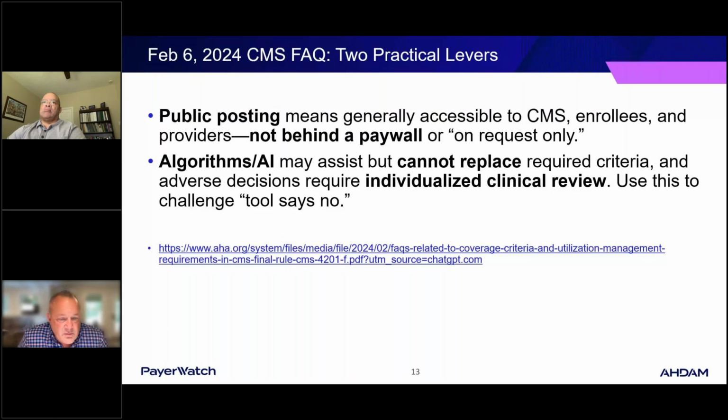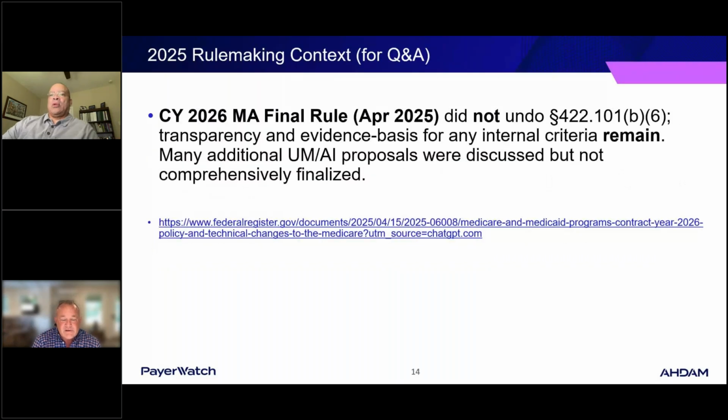The final rule that came out earlier this year: transparency and evidence basis for any criteria remain. Many additional utilization management and AI proposals were discussed, but they were not comprehensively finalized. So at the end of the day, human in the loop has to exist.